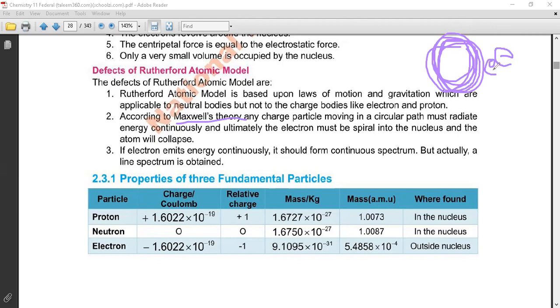So if an electron is emitting energy, its speed will change, and when the energy is continuously emitted it will stop at a point and the electron will collapse into the nucleus.